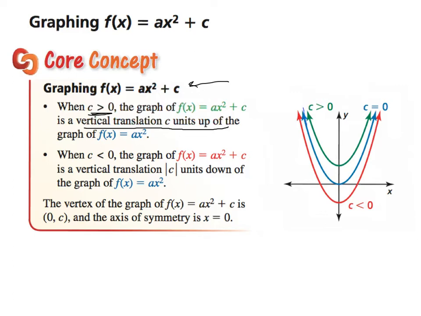If I extended the blue, and then I extended the green, you would actually have the same graph. So it's more of an eye trick than anything. These are all the same. They're just either translated up if it's positive, down if it's negative. You'll notice that the axis of symmetry is always x equals 0.